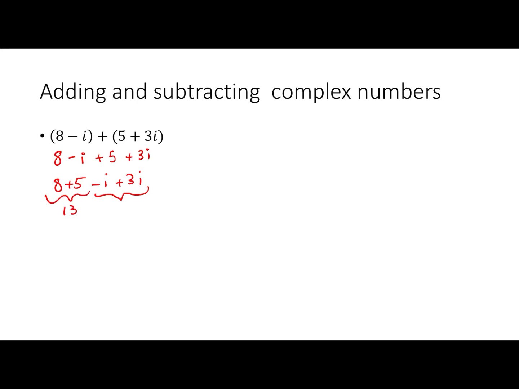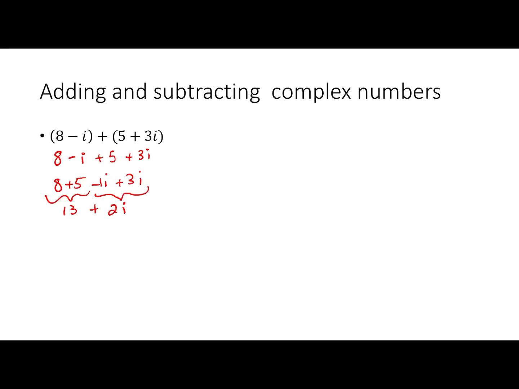Negative i plus 3i, well, that's a negative 1i, so it's going to be negative 1 plus 3, or 3 minus 1, which is 2. Positive 2. So it's going to be 2i. And because it's positive, it's going to be added on. Okay. So this is how you want to add your complex numbers.